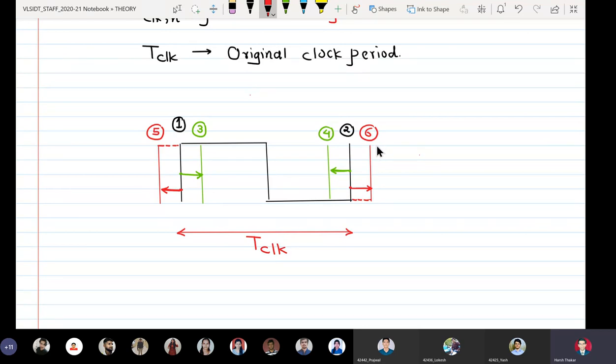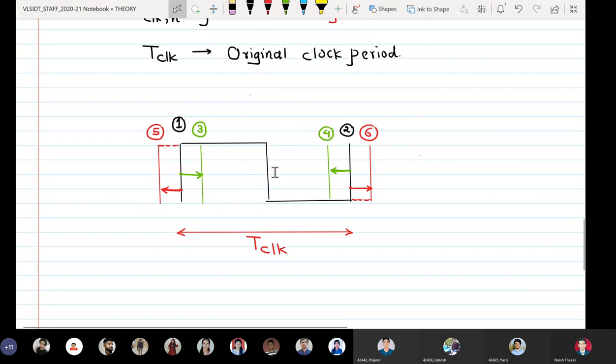So we clearly see that the numbers 1, 2 represent the original clock cycle or the original clock period TCLK, and 3, 4 represents the worst case jitter, that is the clock frequency has been reduced, while 5, 6 represents another pair of jitter affected edges. So I can say that 1, 2 represent the unaffected edges of the clock, and 3, 4 and 5, 6 represent the jitter affected edges.